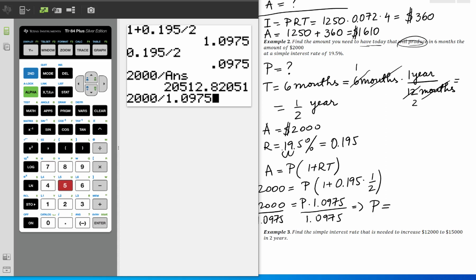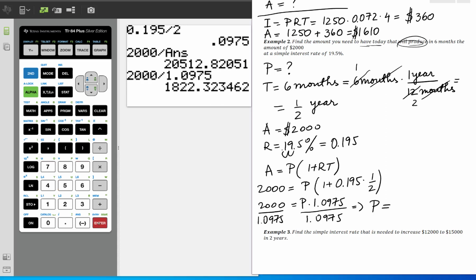So we get 1,822.32. This is how much money I need to have now, that if I invested at 19.5%, I'm going to get 2,000.